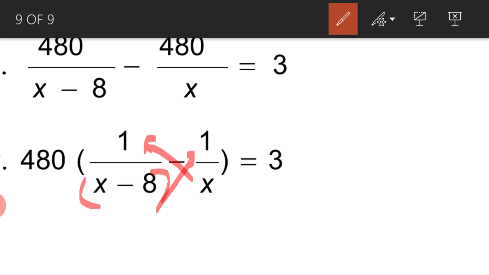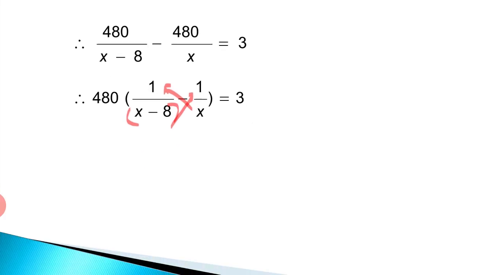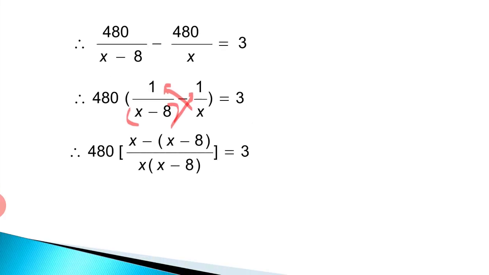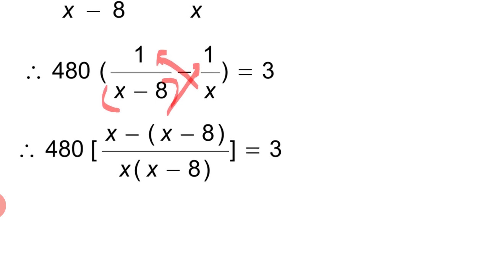It is x minus 8 into x. So see how to do the calculations now. So 480 into x minus 8 upon x into x minus 8. I have taken the LCM, the product of x minus 8 into x. Are you getting? And then cross product 1 into x minus 1 into x minus 8 is equal to 3.